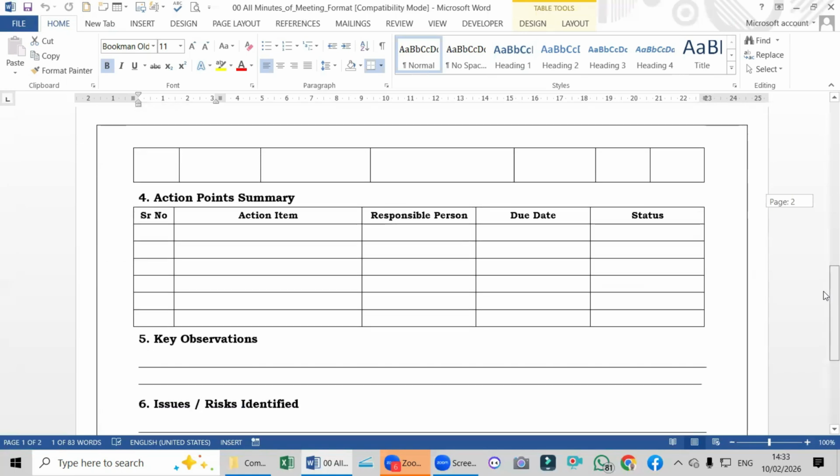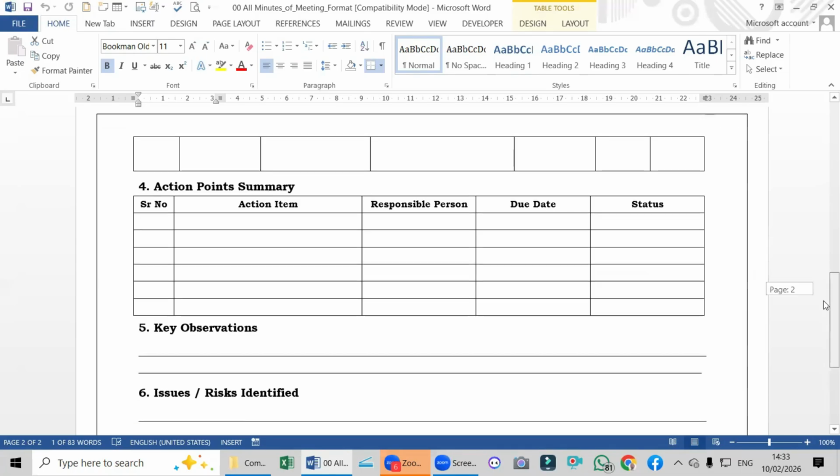And an action point summary. That means suppose you have found that something is not proper, then what action you have to take, who is the responsible person for the action, what is the due date, and what's the status on that particular day when this meeting was held.